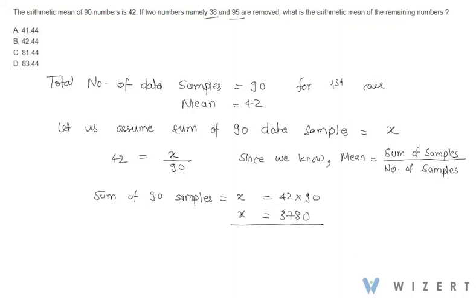Now we are asked what is the arithmetic mean of the remaining numbers when two numbers are removed.